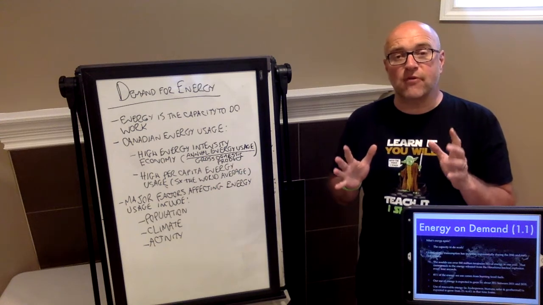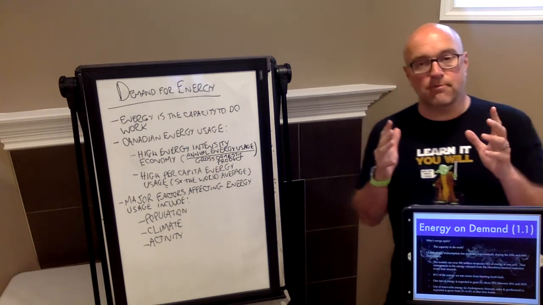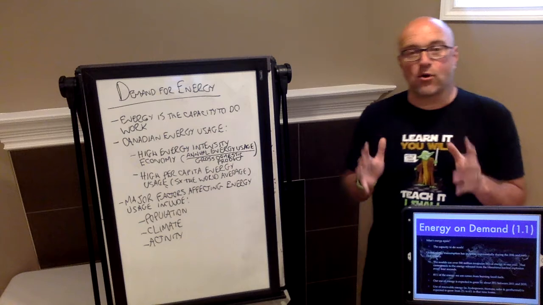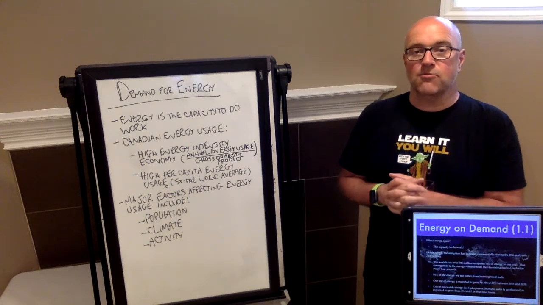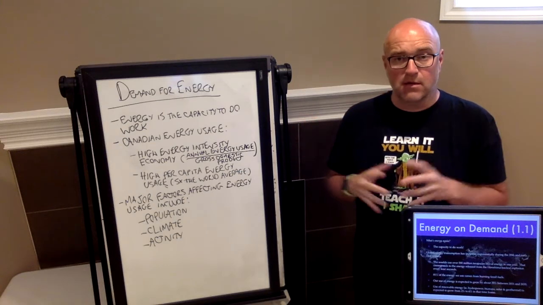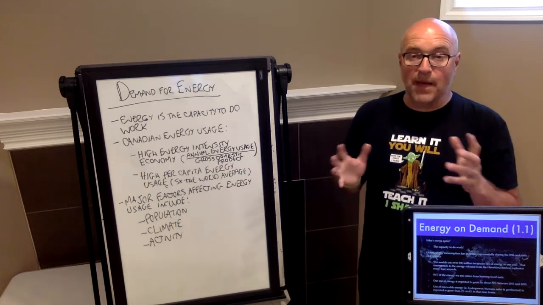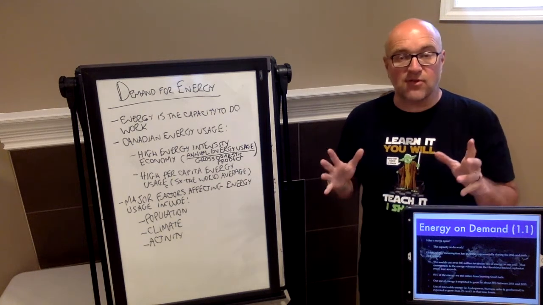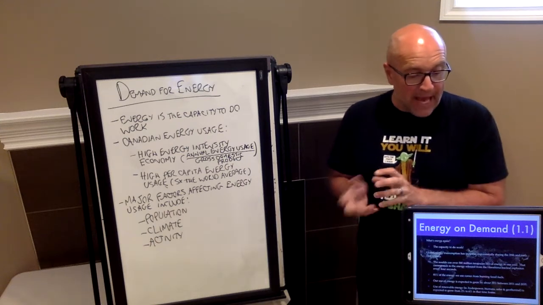That's equivalent to releasing a Hiroshima nuclear bomb every 4 seconds throughout the course of the year. That's how much energy is being used by the planet just to power everything that we as a human society do. Quite a bit. And again, not sustainable if these energy demands continue to increase.